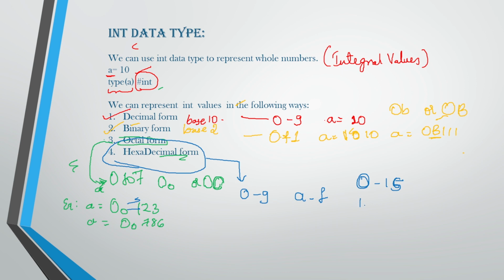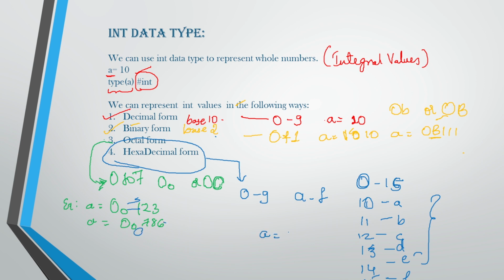After 9, the values 10, 11, 12, 13, 14 and 15 will be represented as A, B, C, D, E and F. These are the hexadecimal values. Now whenever you are going to give the value for a, you give it as a = 0x, where 0x is used for hexadecimal, FACE.